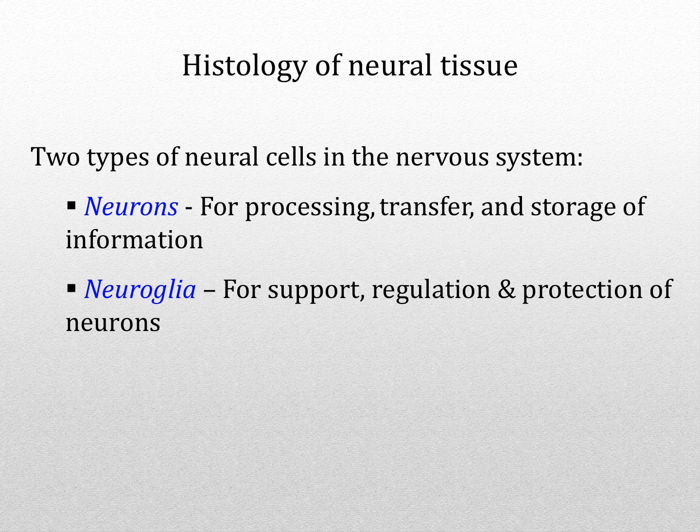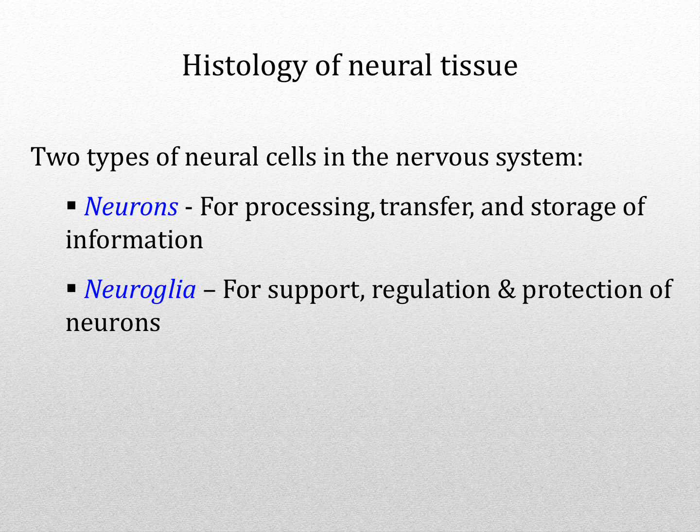We've seen neurons before in our study of histology, and we'll go over their structure in a little bit. Neuroglia, or glia, are for support, regulation, and the protection of the neurons, and they actually outnumber the neurons. So you can use the word glia instead of neuroglia.